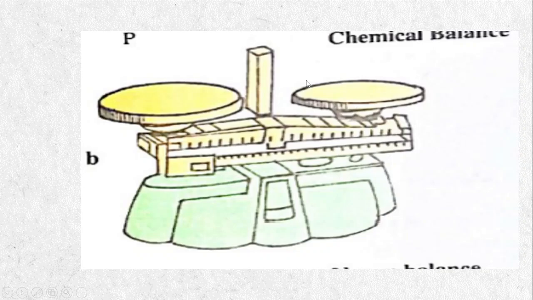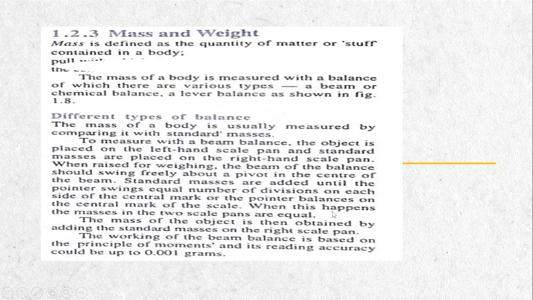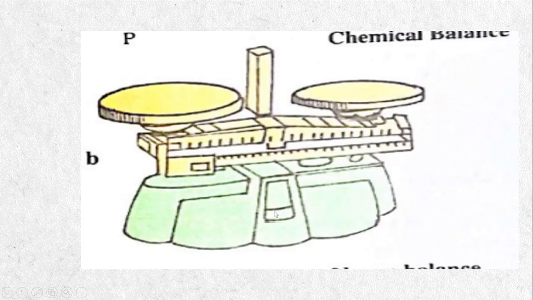Here is the unknown mass, and here the known mass. Known masses are added until the pointer balances on the central mark of the scale. When the pointer balances on the central mark, it implies that the known masses added here are equivalent to the mass here.